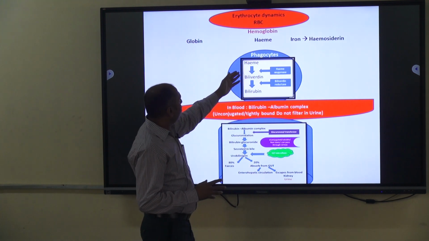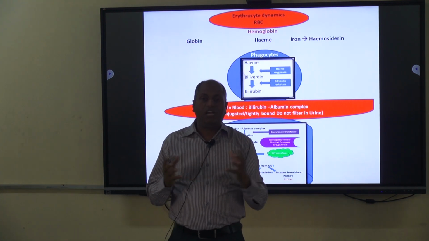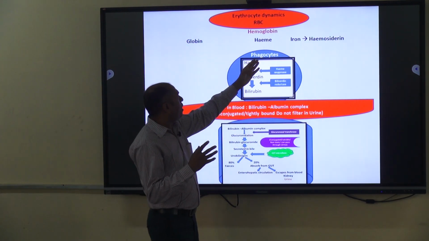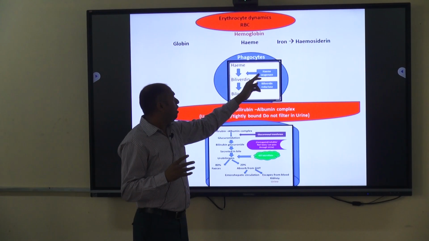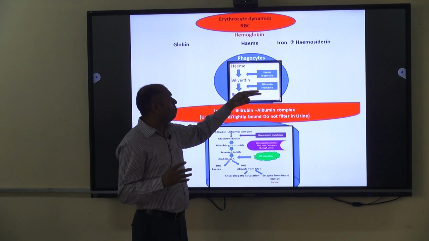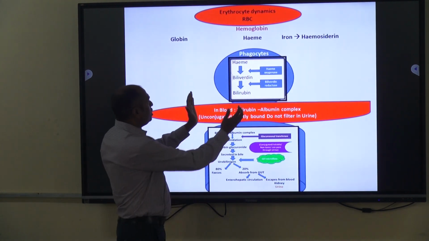When mononuclear phagocytic cells engulf these RBCs, they are disintegrated and the heme part is converted into biliverdin by the enzyme heme oxygenase, and this biliverdin is again converted into bilirubin by the enzyme biliverdin reductase. Now we have this bilirubin.